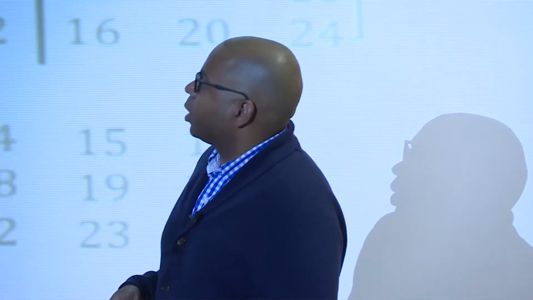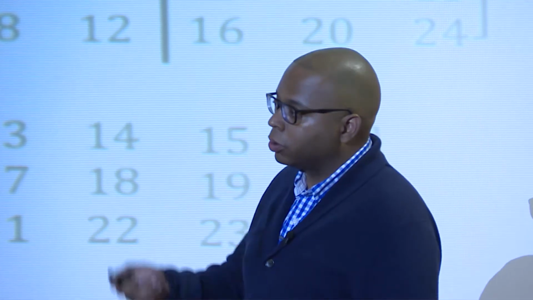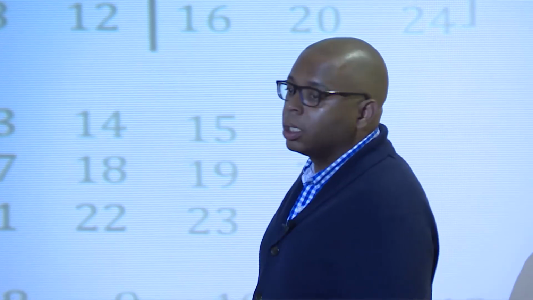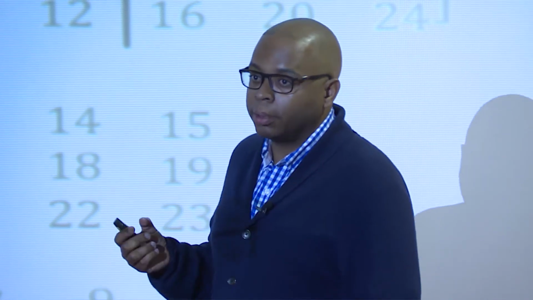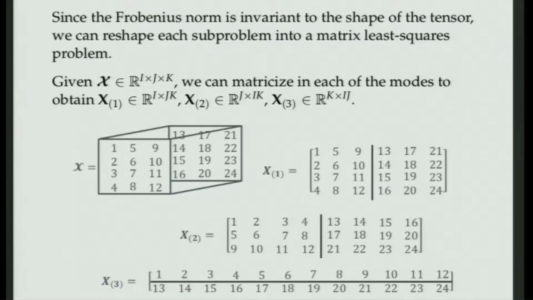Okay, so the nice thing about this problem is, like I said, each of those sub-problems is just a least squares problem. And that's because you can reshape all of those tensors into matrices. Okay? So we're going to use the first mode matricization, the second mode matricization, and the third mode matricization.